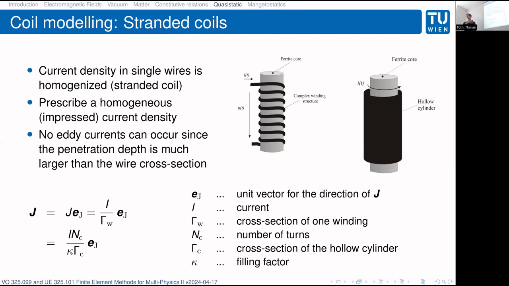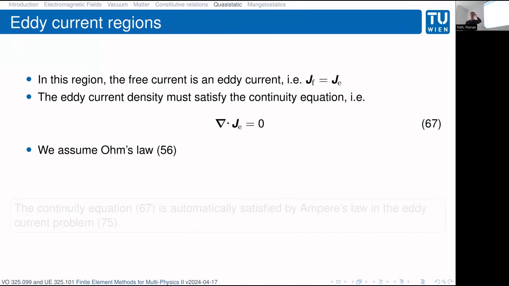You say, okay, we don't have wire in all the region, but we also have to account for the isolation layers, so this increases the current density a little bit. And the direction is given by the direction of the winding. So if you have a circular coil, of course, you have to give the scalar current density value also a direction.